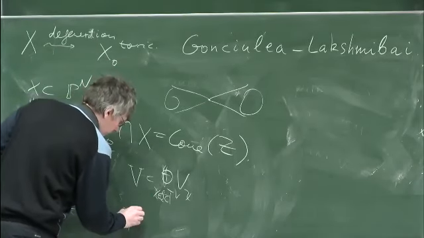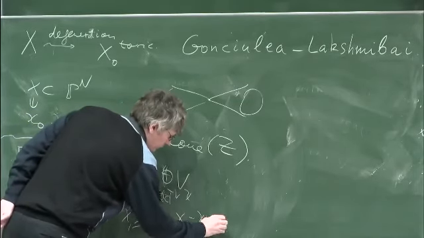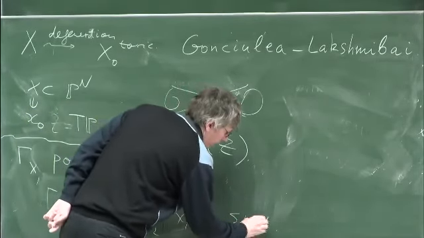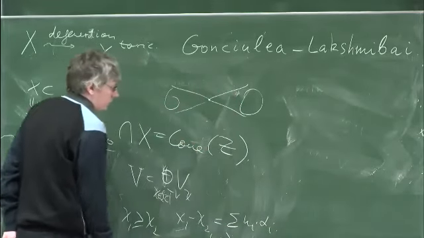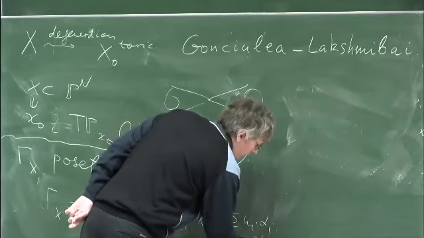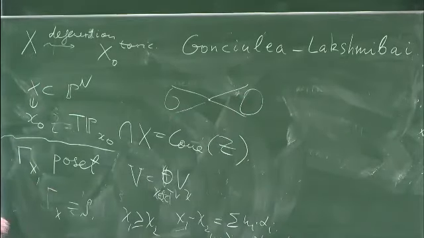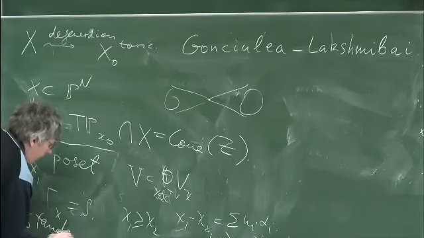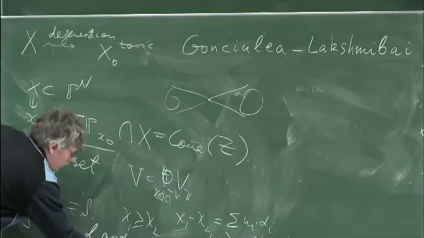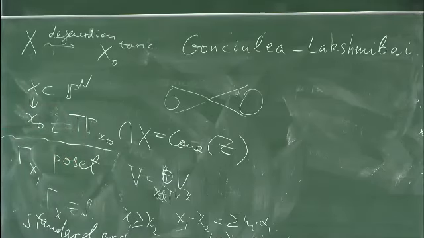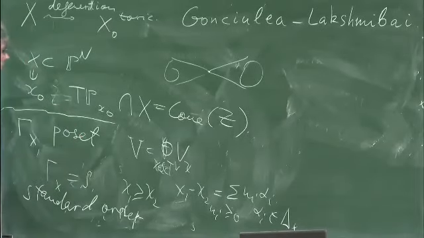We can say that chi1 is greater than or equal to chi2 if the difference chi1 minus chi2 is the sum of n_i alpha_i, such that n_i are non-negative integers and alpha_i are positive roots. So it's the standard order on this set. So we got some partially ordered set.